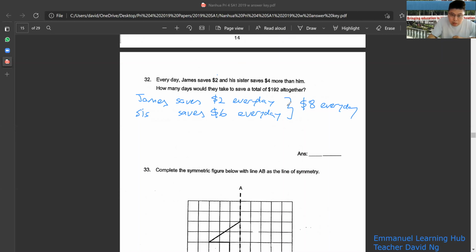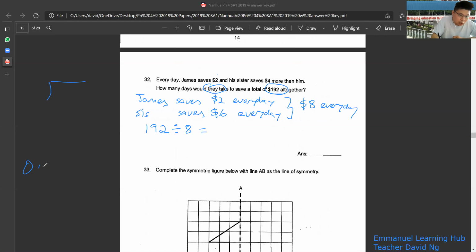How many days would both of them take to save this amount? 192 times 8? No, divided by 8. Yes. You know why divide? Because every day he saved this amount.